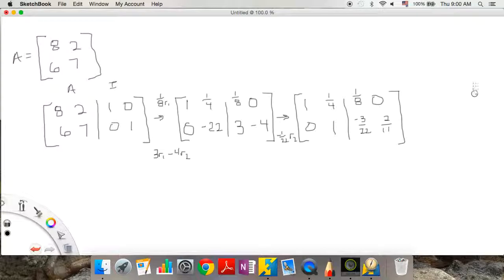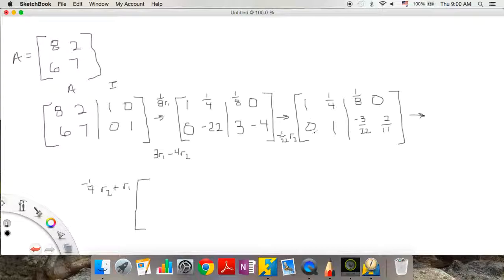Now, we've almost got it. We've got our 1's on the diagonal, we've got a 0 here, but we need a 0 here as well. So the way to get that, multiply the second row by negative 1/4 and add it to the first row.